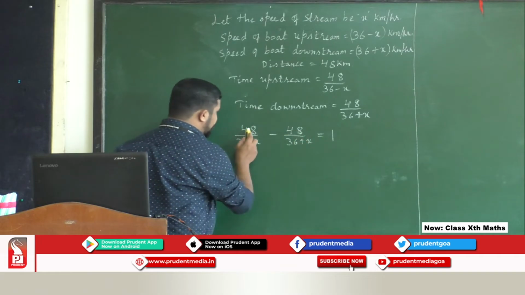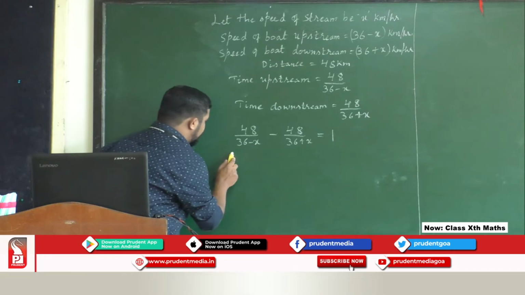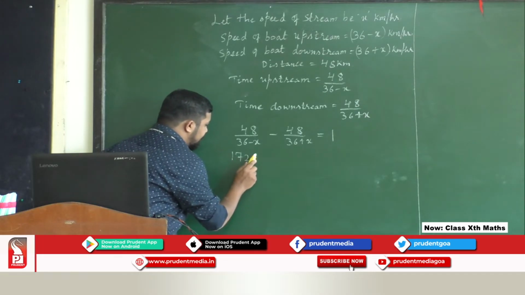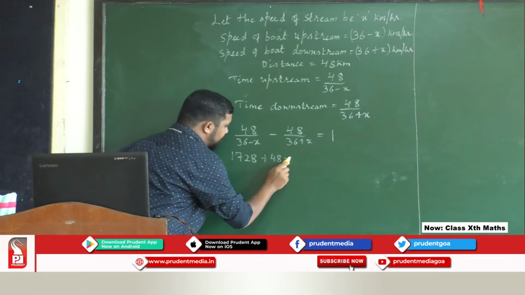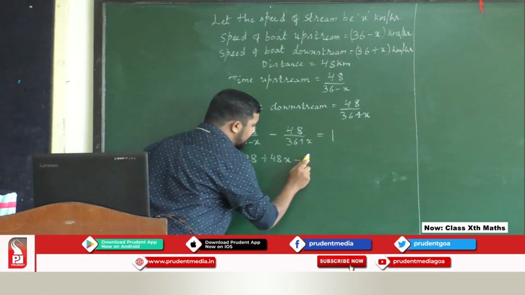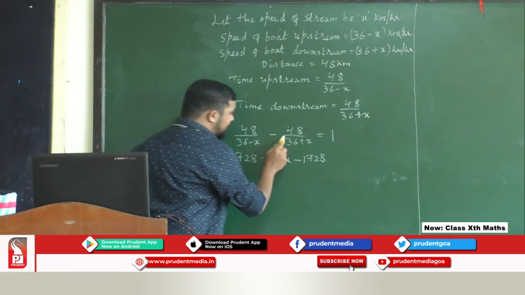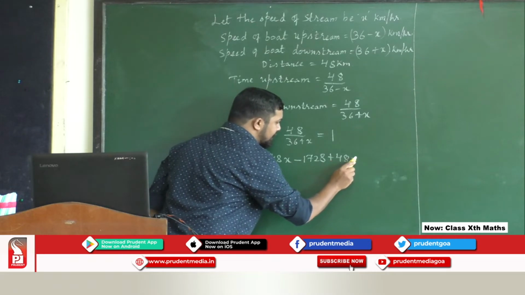Again same cross multiplication. So let us do direct cross multiplication. 48 into 36 is 1728, 48x, minus 48 into 36, 1728, minus into minus plus 48x.